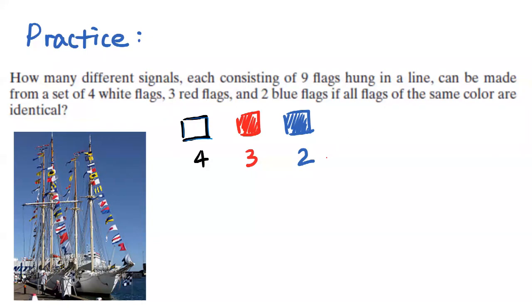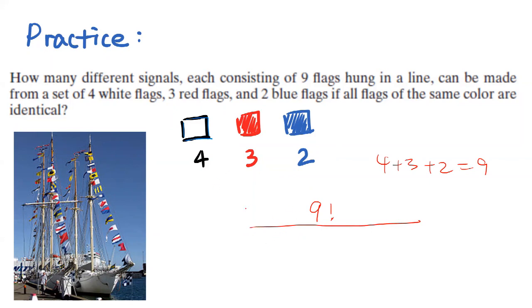Okay, and what's the total number of elements here? 4 plus 3 plus 2, which is 9, right? So according to the formula of the third model of permutations, the numerator is 9 factorial, right? And what is the denominator?